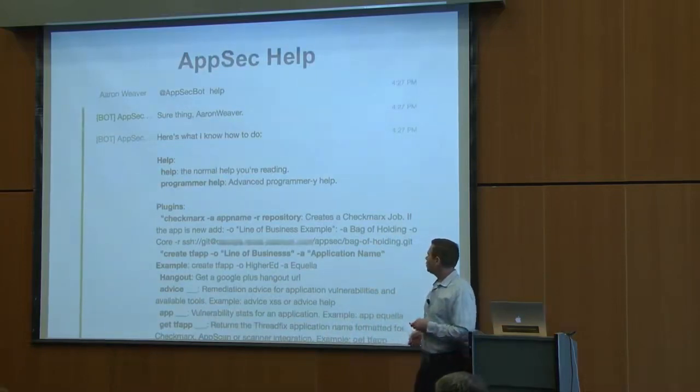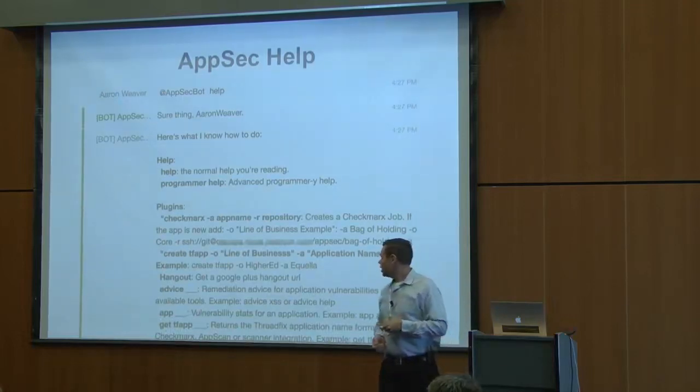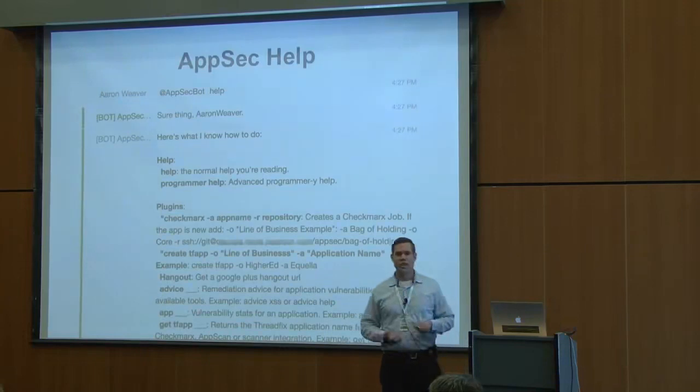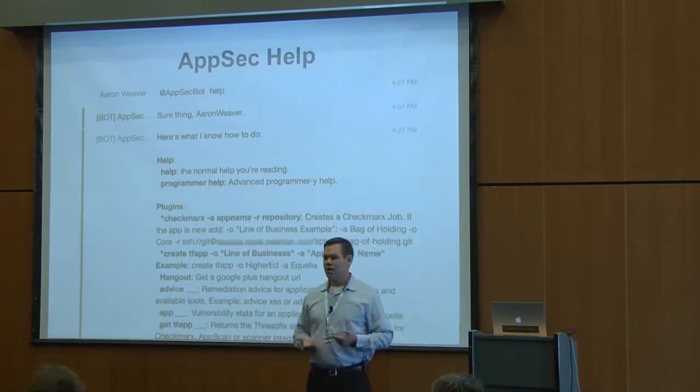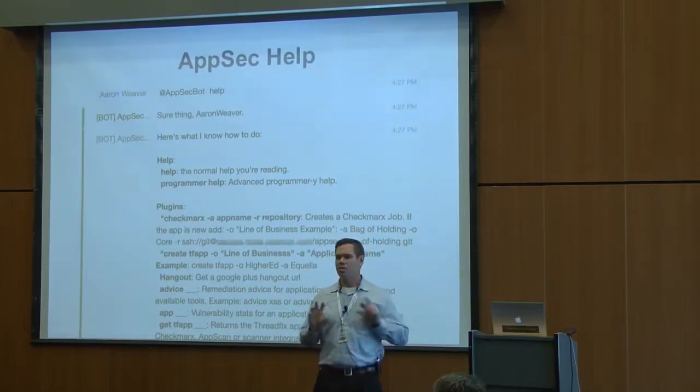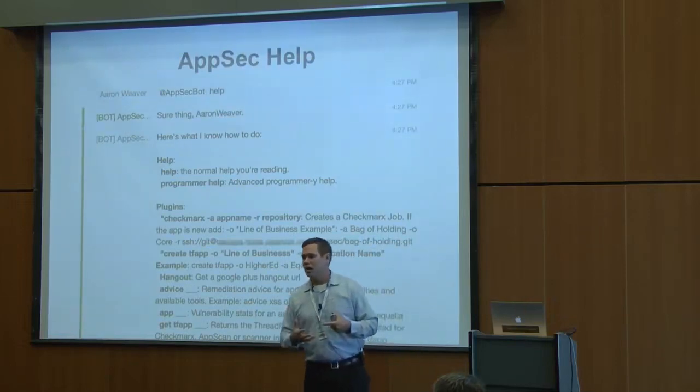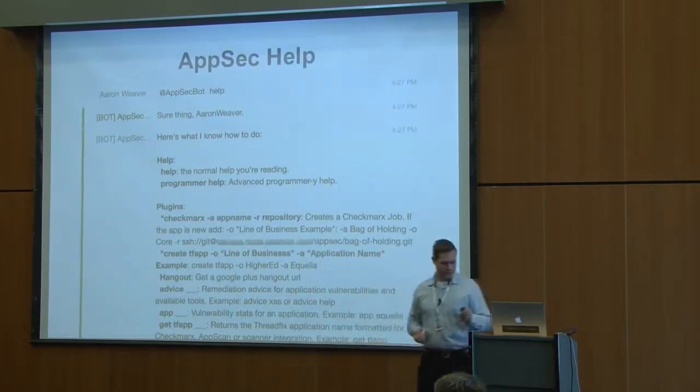So, for example, if we wanted to do a Checkmarx scan, it's just Checkmarx in the app name and the repository, and it creates a Checkmarx job. And so you just ask Will what it can do, and it'll do it for you. And so we can keep iteratively adding to Will so that Will can do more and more things and really help the development team automate their environment.